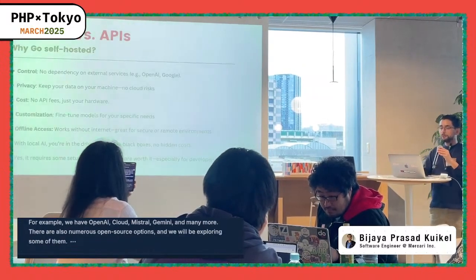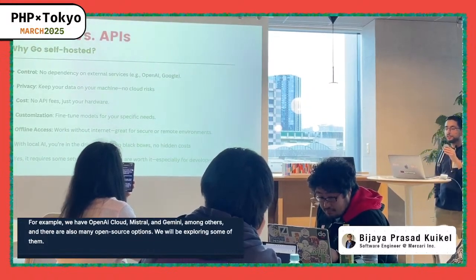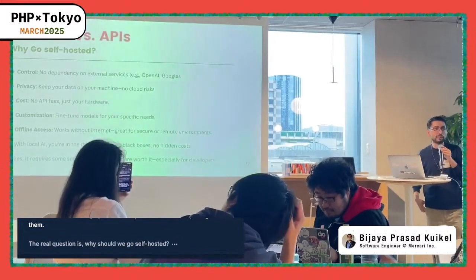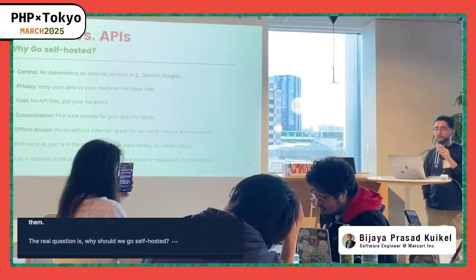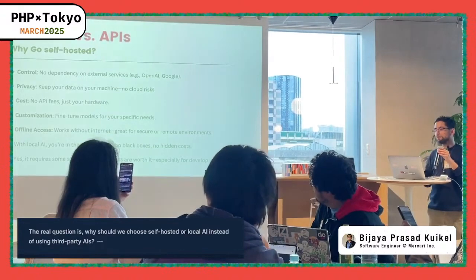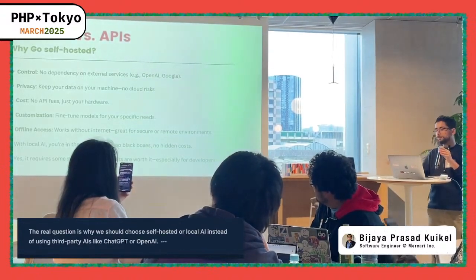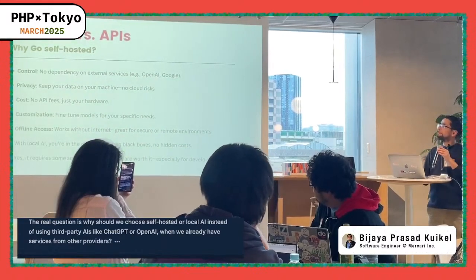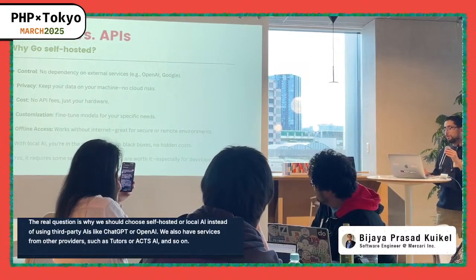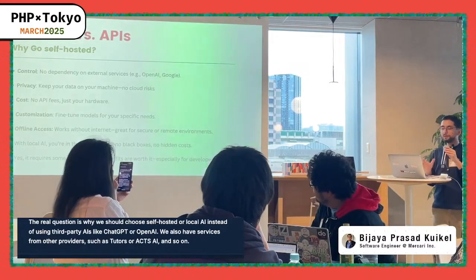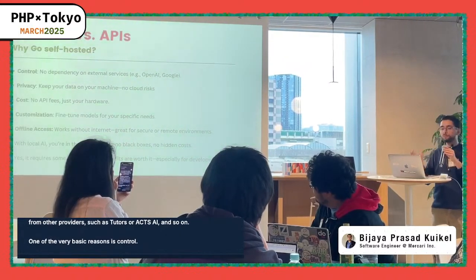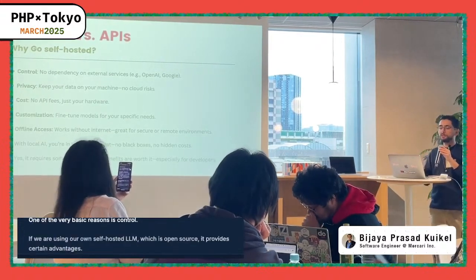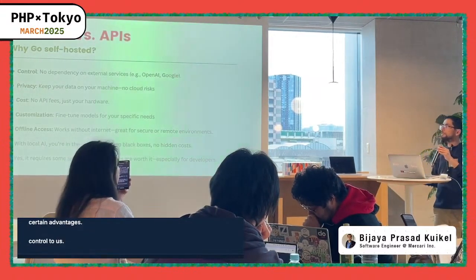So the real question is, why should we go self-hosted or use local AI instead of third-party AIs? We already have ChatGPT or OpenAI, and other services from other providers, like even Twitter's X AI and so on. One of the very basic reasons is control. If we are using our own self-hosted open source LLM, we are no longer dependent on external services, which is a good thing for us.